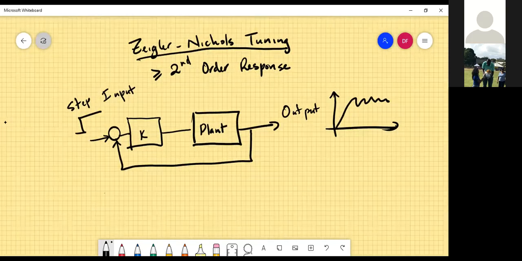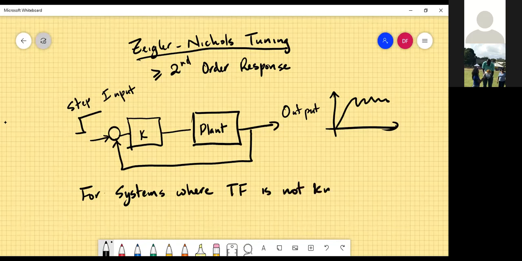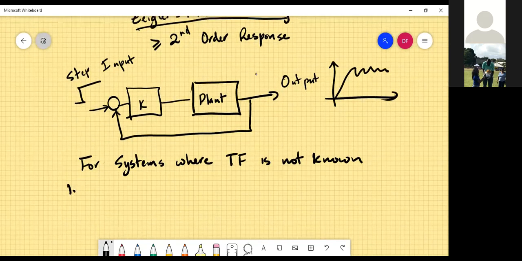All right. So for systems where the transfer function is not known, which is almost every system, it would be a challenge to find some plant in the country where the transfer function is known. So how do you tune? What are the things that you look for?